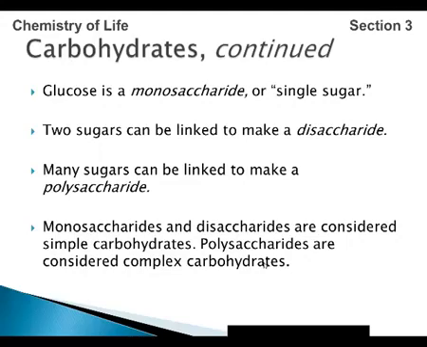Monosaccharides and disaccharides are simple carbohydrates. They're not very long chains. They're either one molecule of glucose or 2 molecules of glucose. Polysaccharides can become very complex. There can be long chains of sugars making up polysaccharides.